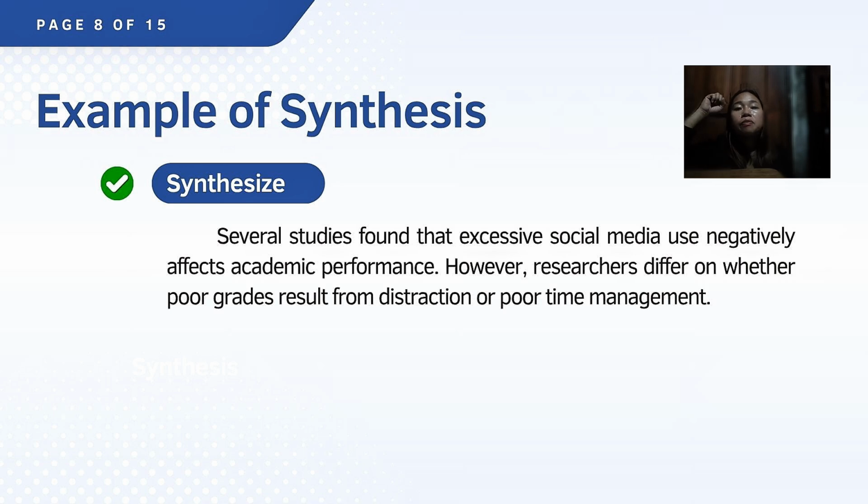A summary discusses studies separately. Now, a synthesis, it connects different studies to give you a clearer understanding of the topic. Now, once we have synthesized the literature, we are ready for the next step. Okay, finding what is still missing.